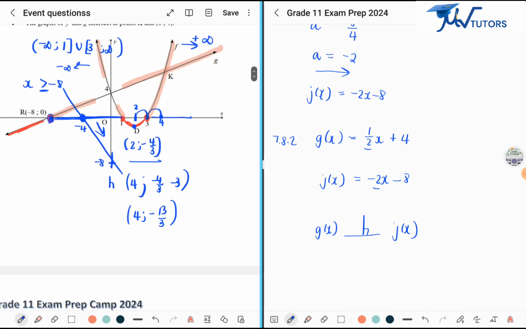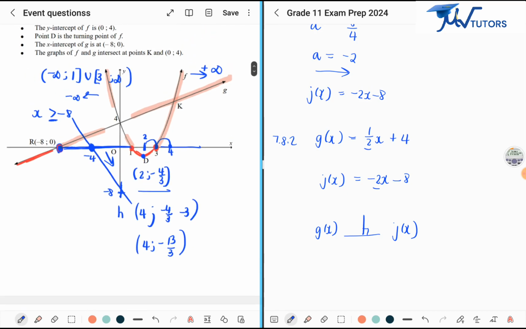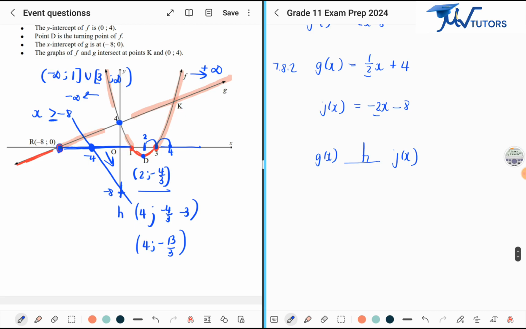So what can we say about the transformation though? They're at 90 degrees to each other. So if j started where g is, and now we're going from this point over here, 4, to negative 4, I would then say, if I look at my translations or my rotations, because it looked like it rotated 90 degrees, we're 90 degrees anti-clockwise about the origin.